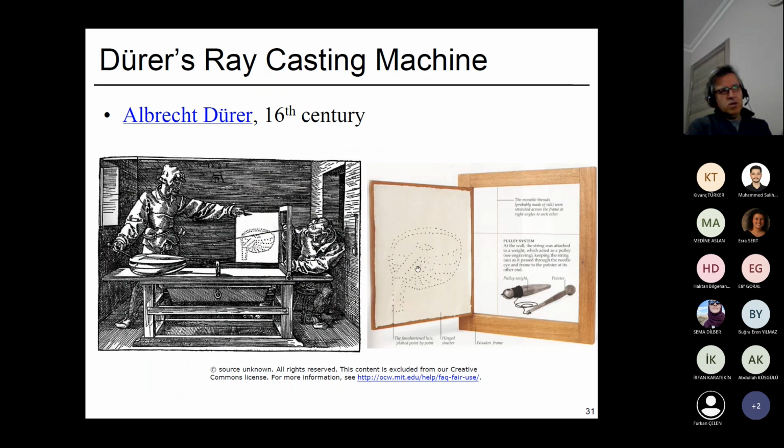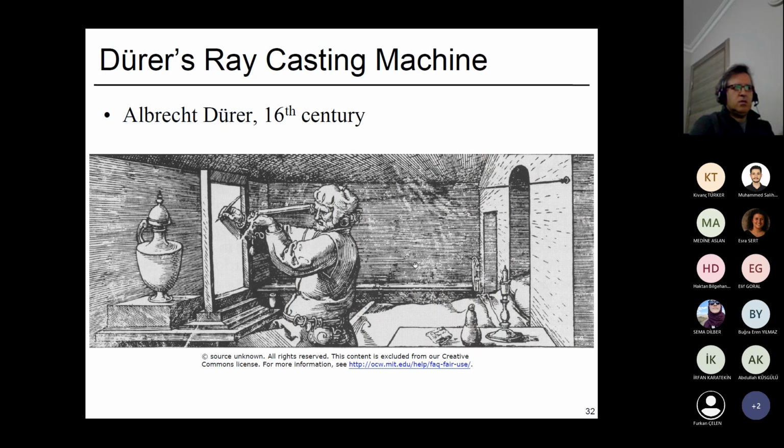What he would do is put an object here, and then put this thing here, and from the perspective of this thing, put a point here, and then close this one, and that will give you a point here, right? And then you can do this repeatedly, and you can trace your object this way. So this was an interesting thing.